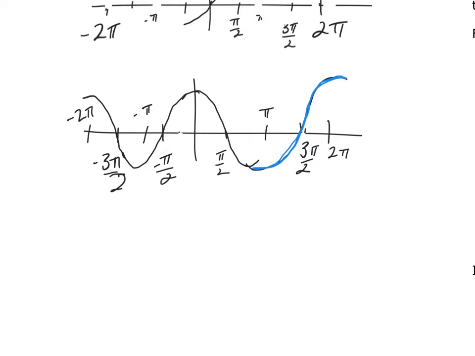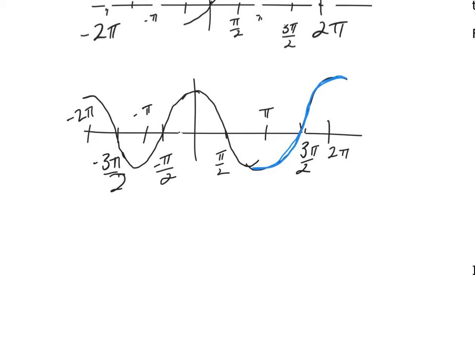Does that region give me every possible output value? What do you all think? Does that give me every possible output value? Do you think that's the easiest place to cut it? Why, Fred? Why isn't that the easiest place to cut it? I'm far from the origin.